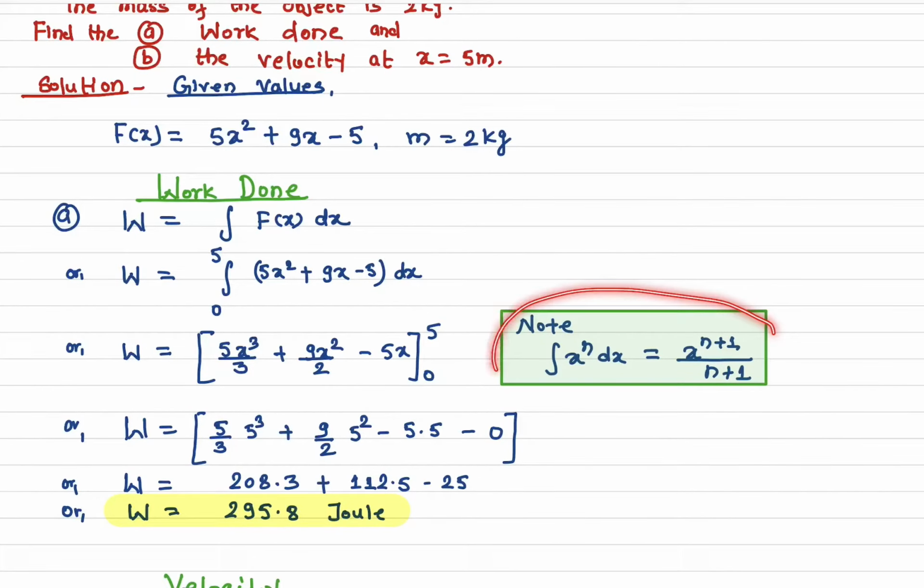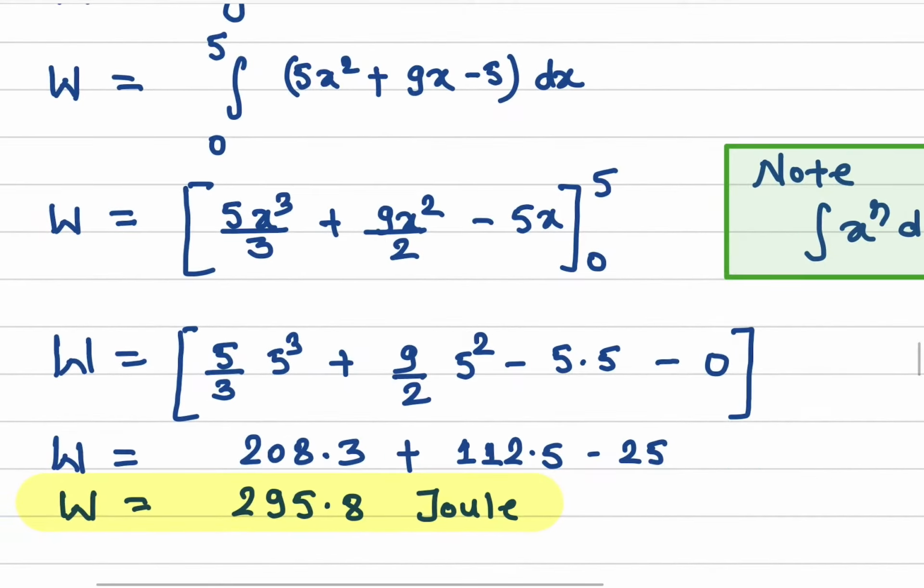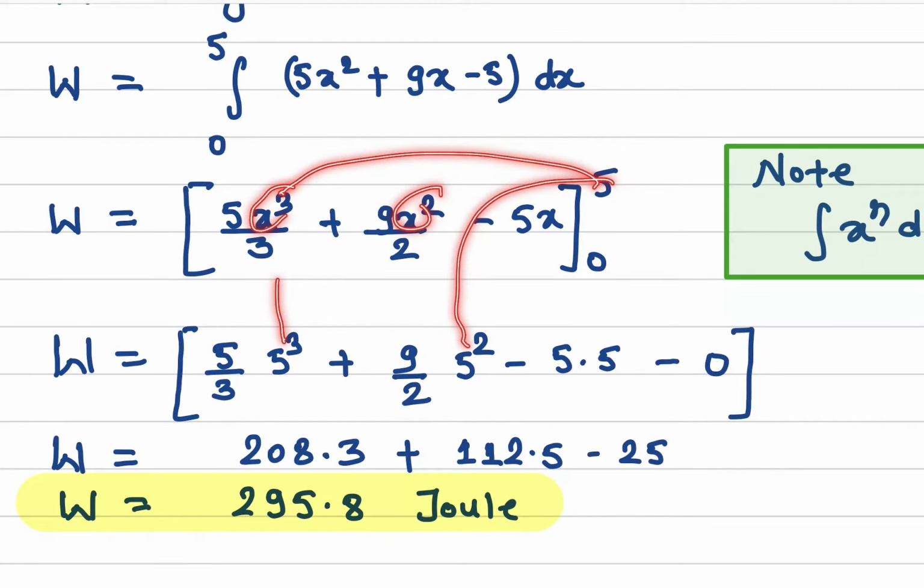Just by using this formula, we integrated this expression, and now we have to put in the limits 5 to 0. First we plug in 5: 5 cubed, then 5 squared, and then 5 times x.